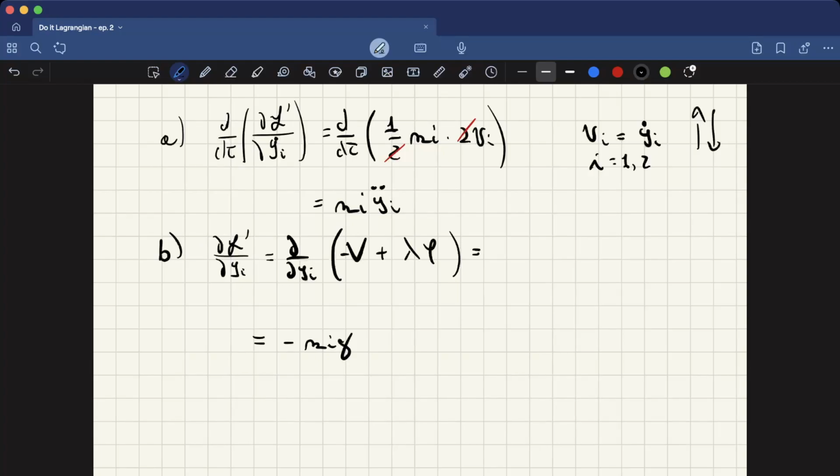Lagrangian multiplier term will give us plus lambda.